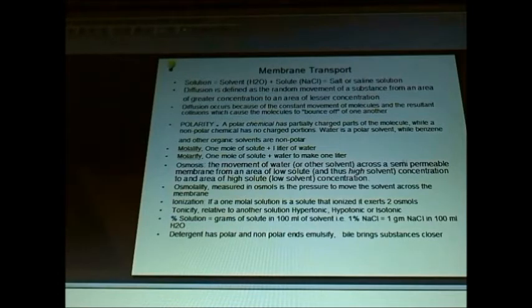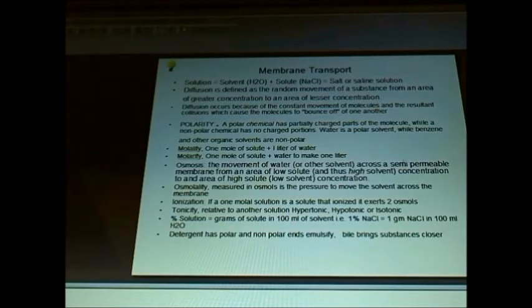Now, another thing to keep in mind when you look at osmoles is the ionization. If, for instance, we're using a compound that ionizes into 2 different compounds, and you take a 1 mole solution, whereby you have 1 mole of the compound plus 1 liter of water, when that compound is in the water, it dissolves, and it gives you 1 osmol for each part of the compound, i.e. sodium chloride.